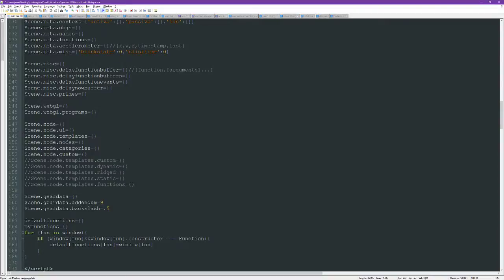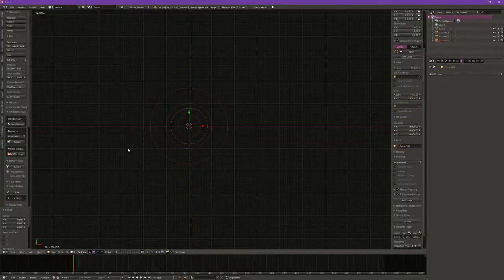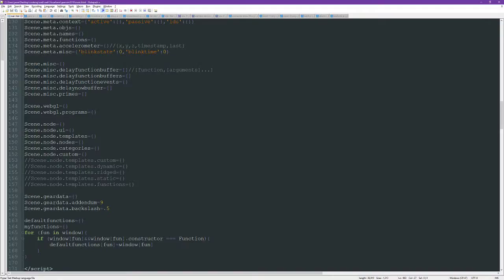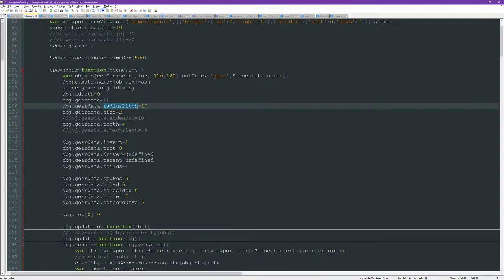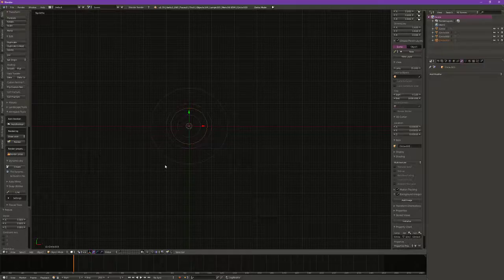So my addendum is lower than that. What? Hang on. So the addendum is 9. The pitch radius is 17. So it should be 8, which is less than 10.